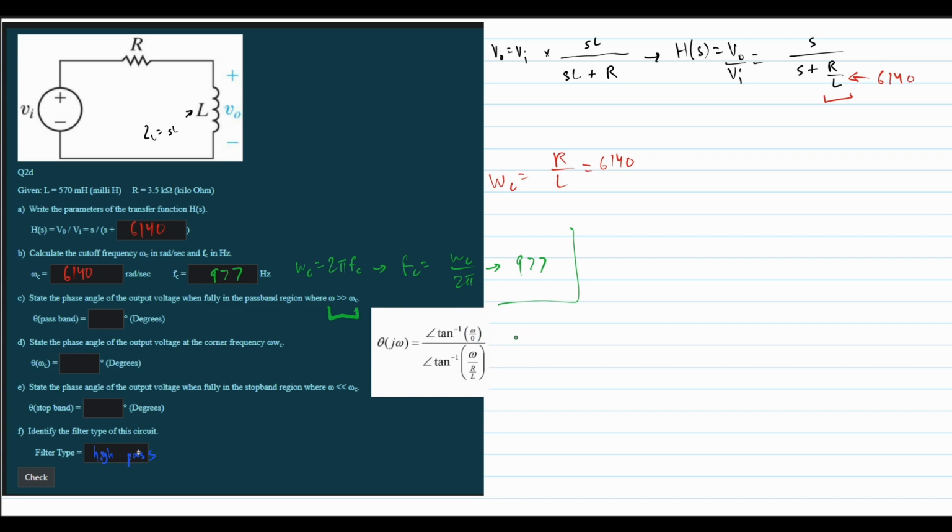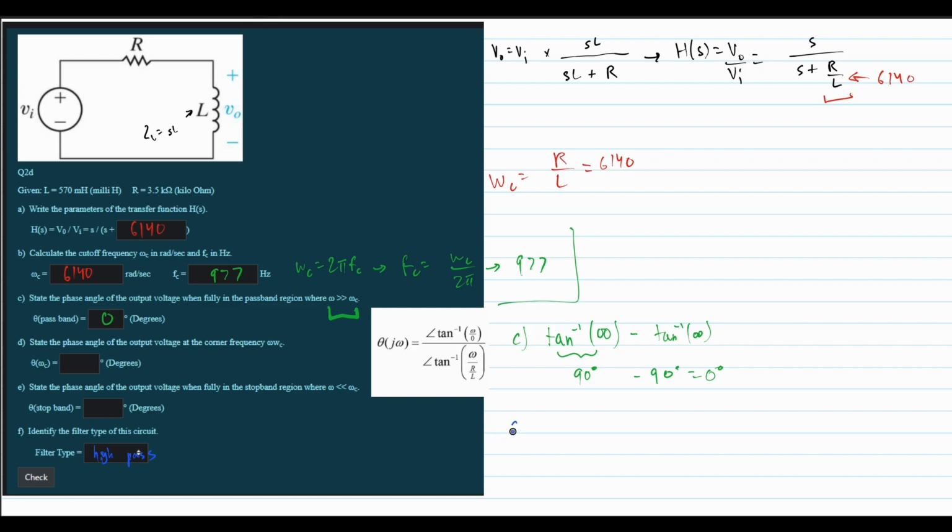So this would yield us basically, for the first one, tangent -1 of infinity. And tangent -1 of infinity is going to be about 90 degrees. Now we need to subtract the denominator angle from this, and we're going to basically have another tangent -1 of infinity because we're plugging in our omega here. So this minus this is going to give us 0 degrees. So for the first part, we're going to have 0 degrees here.